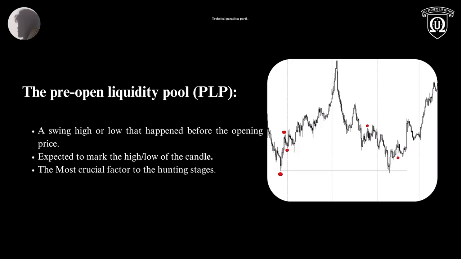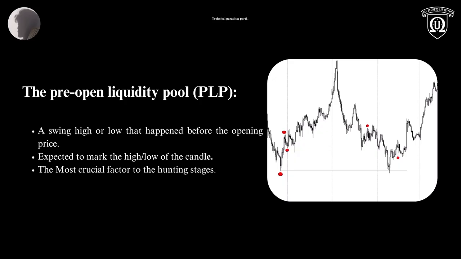Start all the way from the left. Right, you see those two red dots? Those are pre-open liquidity pools being stabbed into, then reversed. Right, and again, pre-open liquidity pools. All of those, every single red dot is a pre-open liquidity pool. These are weekly candles.